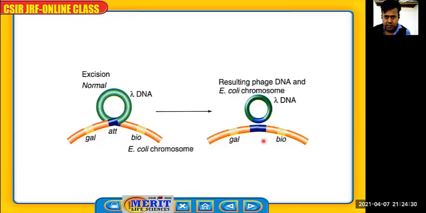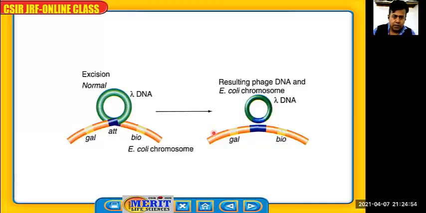And then this lambda DNA is excised. So the resulting phage DNA and E. coli chromosome have separate features after the recombination. Recombination is there because of a certain common sequence. For example, we are saying att is common to both.